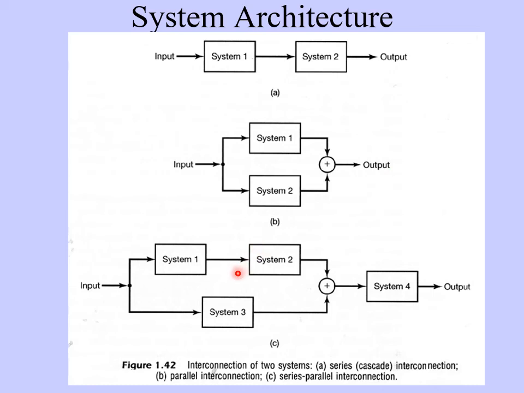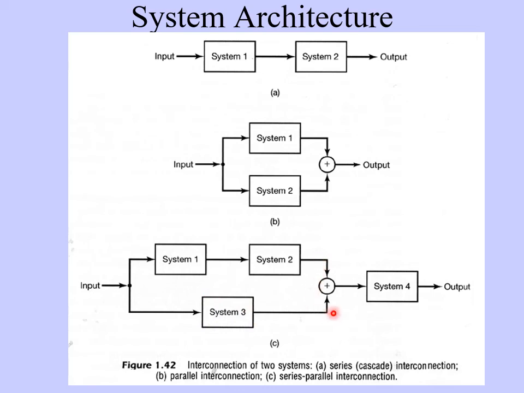The one down here is the most general type of system architecture. This is a series-parallel interconnection where we actually have four subsystems, 1, 2, 3, and 4. You can see that 1 and 2 are in series, and they are in turn in parallel with system 3.